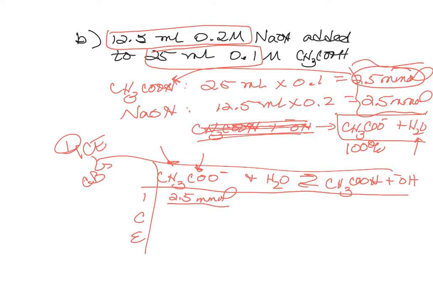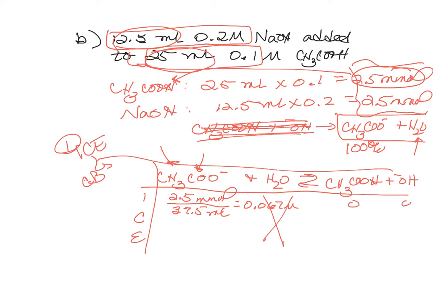The volume of that solution at that point is, you have to add together the volume of the original acid solution and the total amount of the titrant you've added. So the volume at this point is 37.5 milliliters. And so plugging that into my calculator real quickly, 2.5 divided by 37.5, that is 0.067 molar.